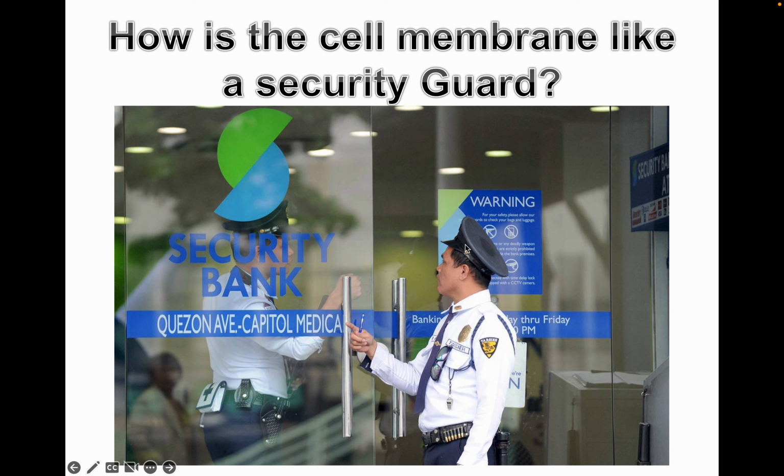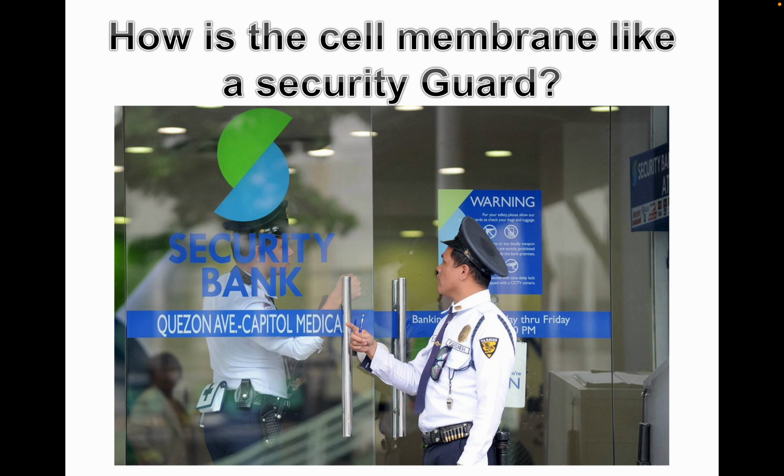When you enter or exit a restricted area or any establishment like banks or malls, you can see the security guards who control the persons who will enter or exit a certain area. Just like that, the cell membrane acts as a selective barrier that controls the passage of substances in and out of the cell.